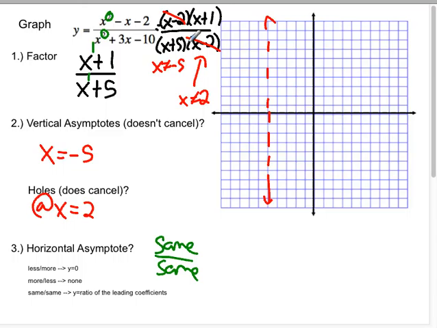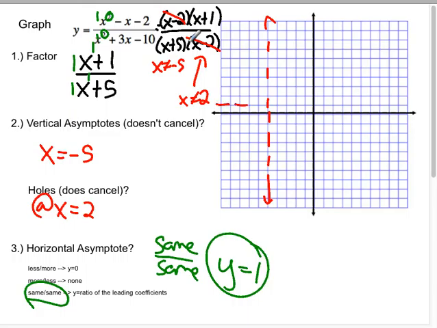The rule is the same. And so we're going to use that same over same property. 1 over 1, 1 over 1, turns out the same. Both of them give you a horizontal asymptote of y equals 1. All right, so we have our asymptotes.